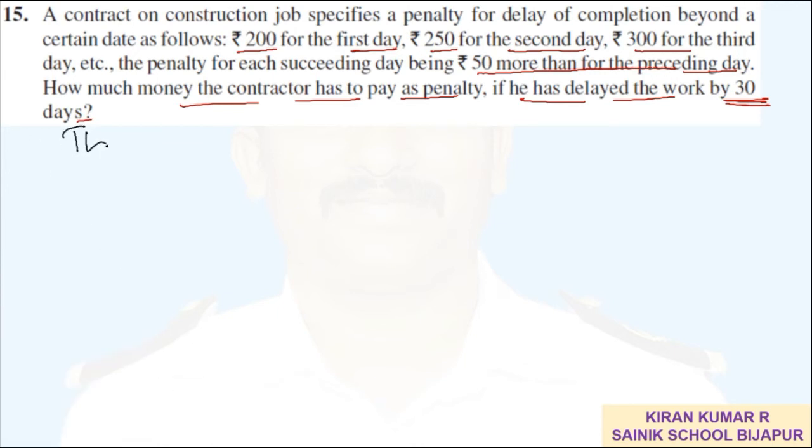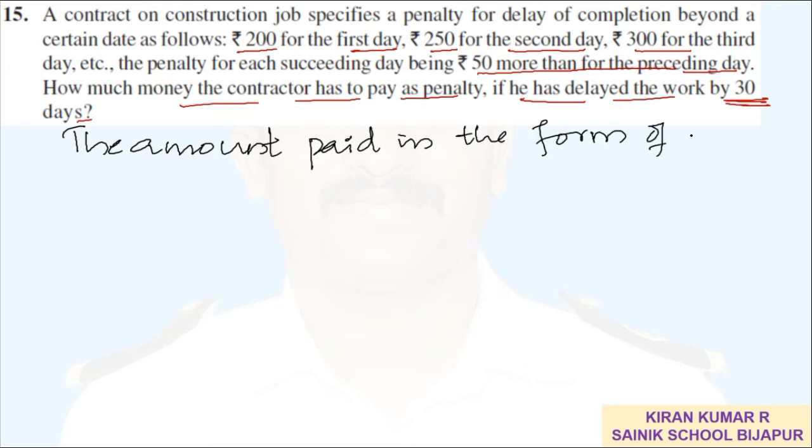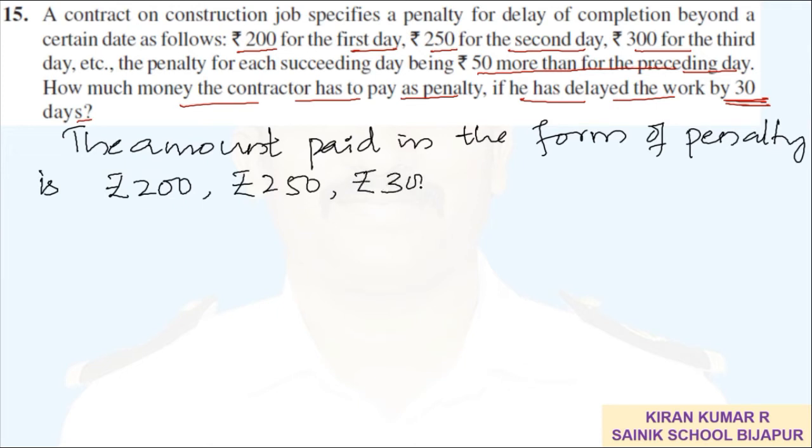The amount paid in the form of penalty is rupees 200 for the first day, rupees 250 for the second, rupees 300 for the third, and it continues, forming an arithmetic progression.